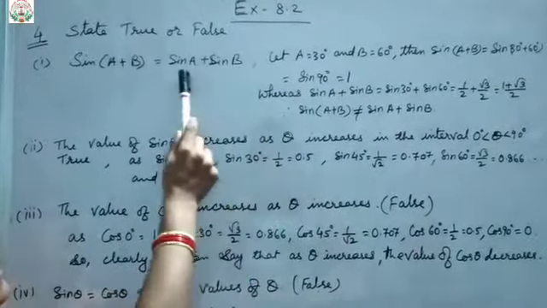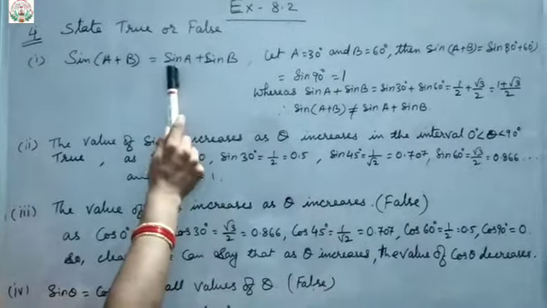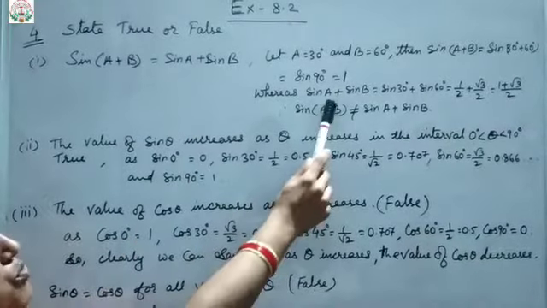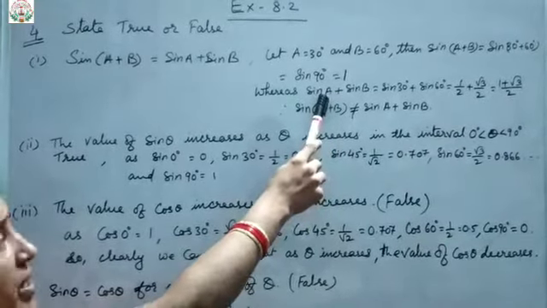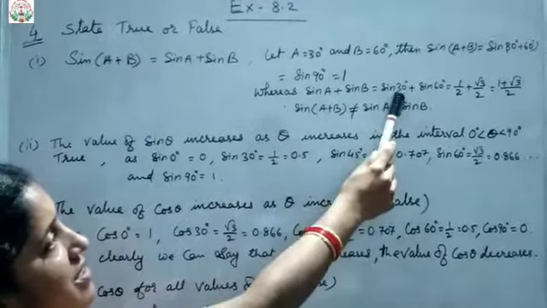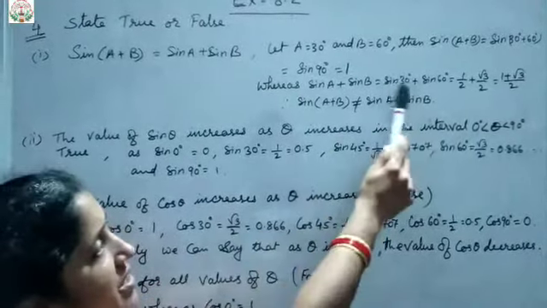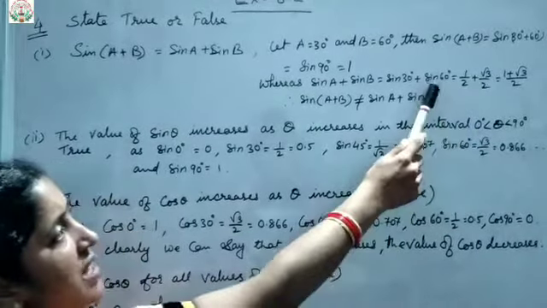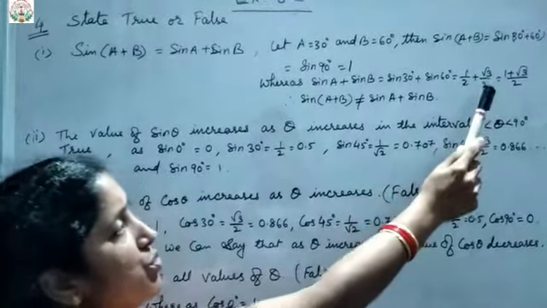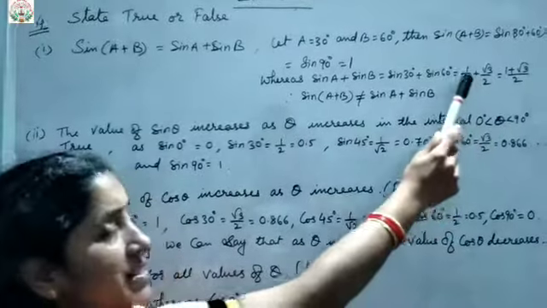But whereas RHS part, sin a plus sin b, means put the values individually to a and b. That is, sin a will be sin 30 plus sin b will be sin 60. So sin 30 value we know 1 upon 2 and sin 60 value root 3 upon 2. When we take LCM, what we will get in the numerator?